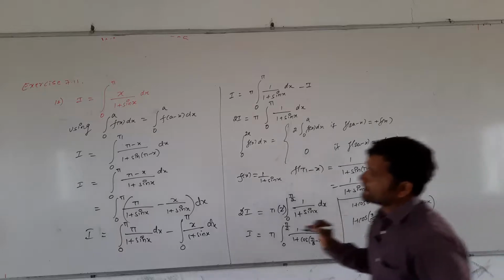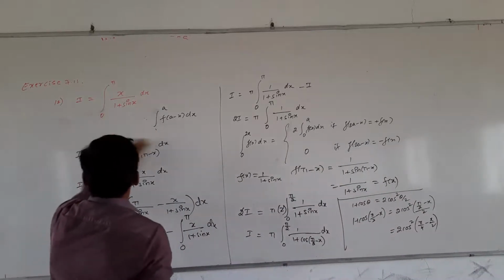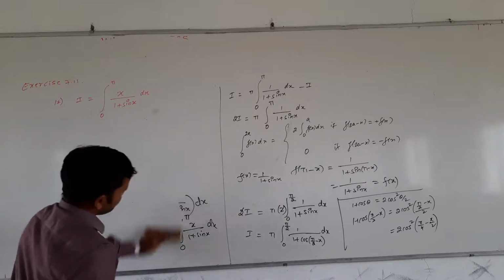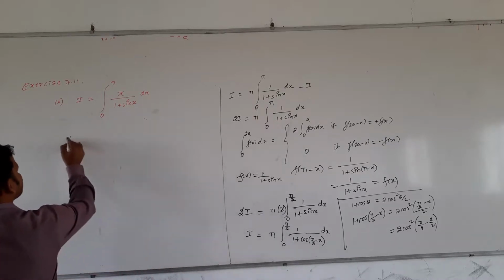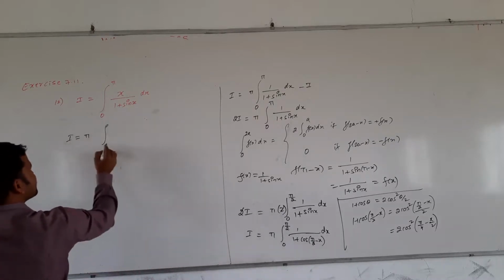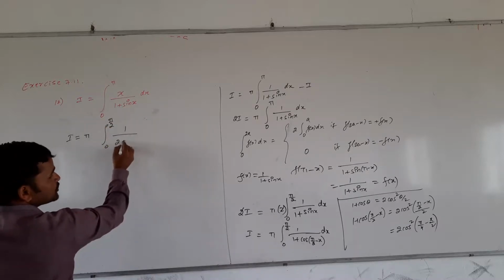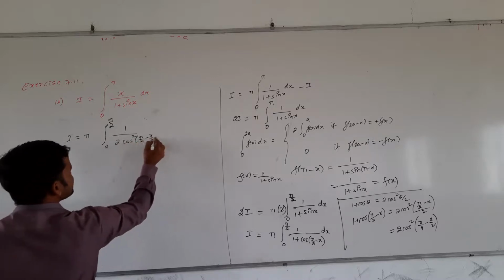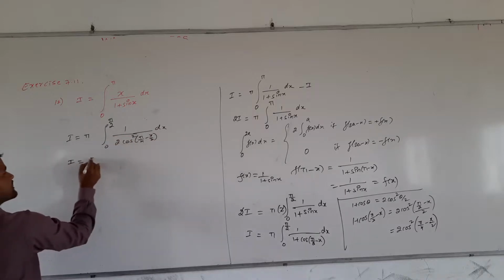Okay, let me write it here. I is equal to pi into the integral from 0 to pi by 2 of 1 by 2 times cos square of pi by 4 minus x by 2 into dx. 1 by 2 is a constant multiple, you write it outside.